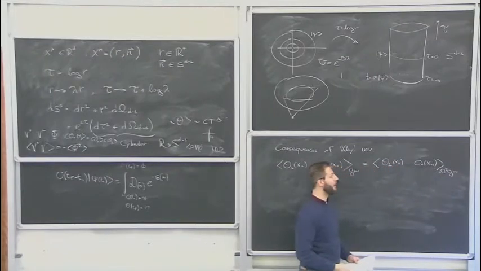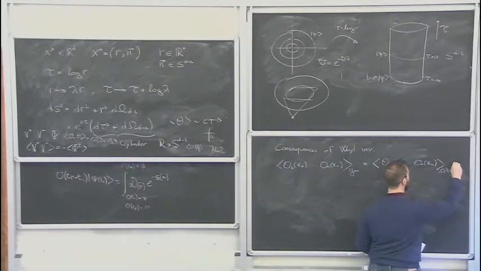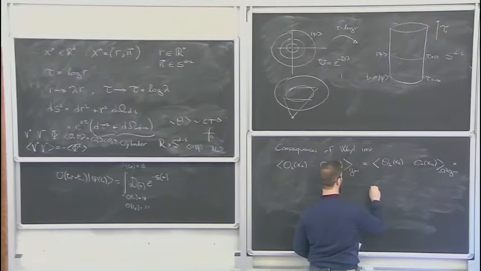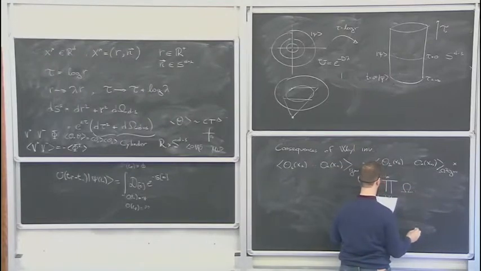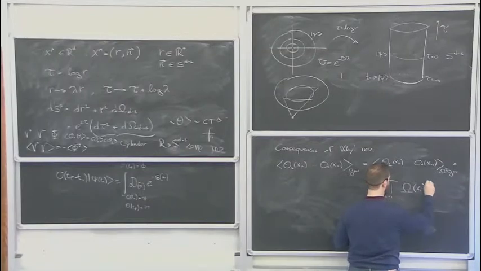But you have to pay a price to do that. You have to multiply by some rescaling factor, which is basically the product, i going from 1 to n, of omega of x_i to the power delta_i.